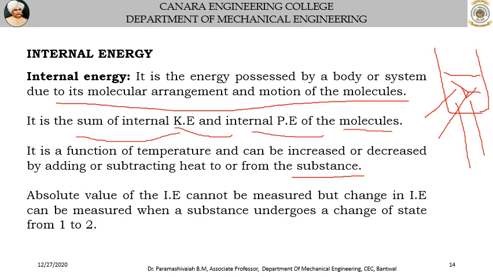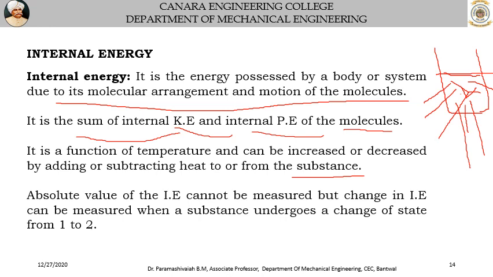If you remove heat, temperature decreases, which means internal energy decreases. Even if you supply work, the temperature increases. If the system does work on the outside, temperature decreases. Therefore, internal energy is a function of temperature only.